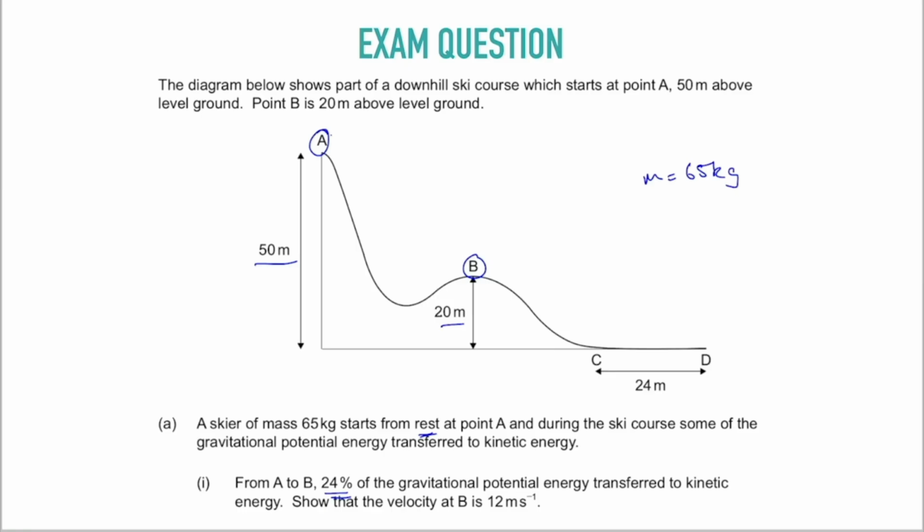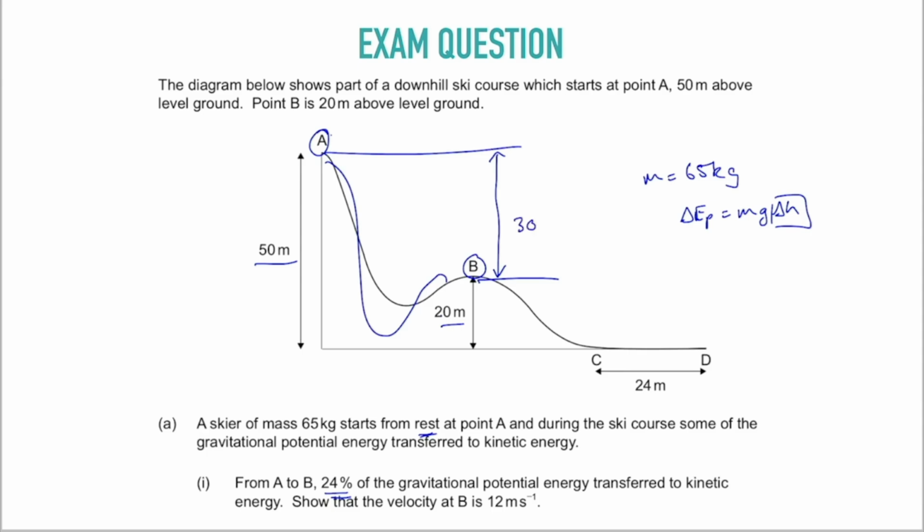So we have to see how much gravitational potential energy is lost. So we're going to use delta EP equals mg delta h. And you remember that this delta h is the vertical distance or the vertical height between the top point and the bottom point. So it makes no difference that it's gone like this in between. We're only interested in the vertical difference between A and B, which is 30 metres.